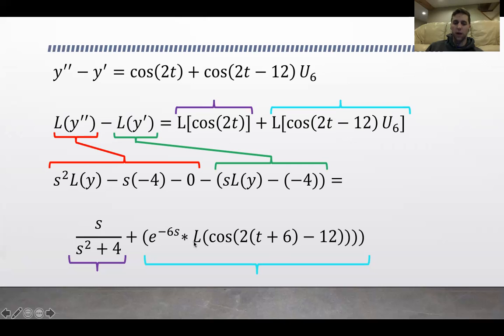So that becomes the Laplace transform of cosine of 2 times t plus 6 minus 12. And we can see here that when we distribute this 2 in, it will be 2t plus 12 minus 12. So this will just end up being the Laplace transform of cosine of 2t.